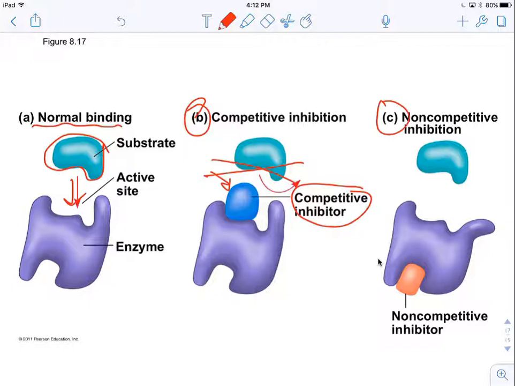Non-competitive inhibition is where the inhibitor binds somewhere else, not at the active site. But the binding of the non-competitive inhibitor, as you see, changes the shape of the active site. So it is no longer perfectly fit, and now the substrate can't bind to the active site because of the change in structure. Change in structure, change in function.